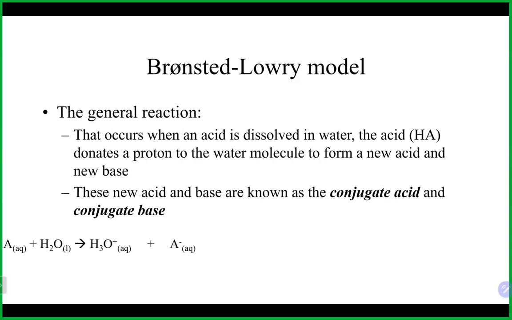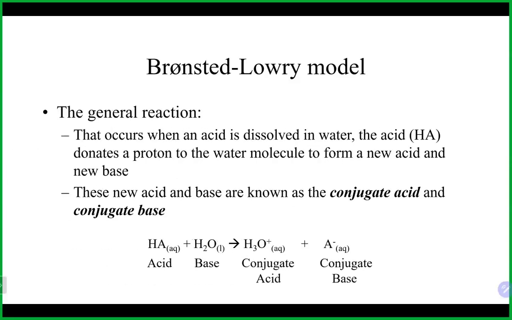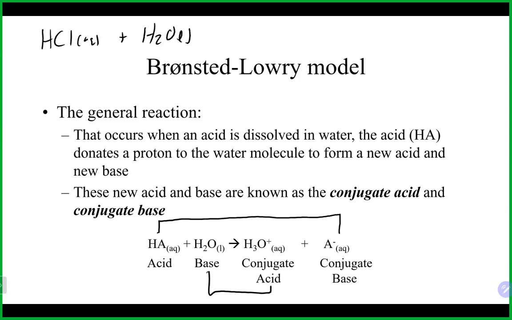So here's a general reaction, what we were just talking about, and the relationship that we see. Once again, acid on the left, which is what that HA is, like anything like HCl, whatever it may be, and our base and our conjugate acid in this case. Now, if you take a look at that equation that I wrote with my hydrochloric acid, and we did write the water into the reaction, in this particular case, the H plus is coming this way.